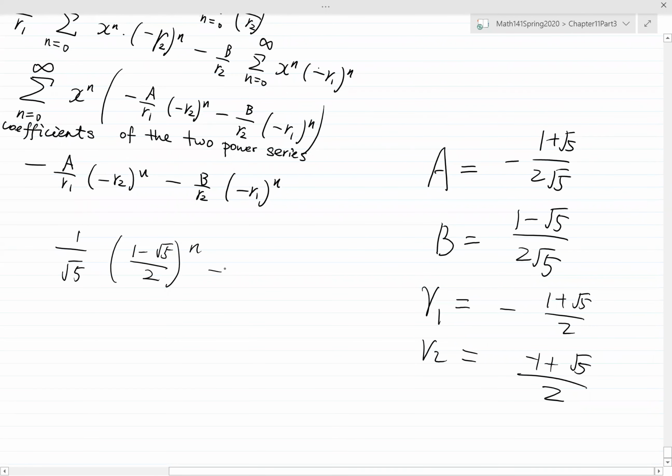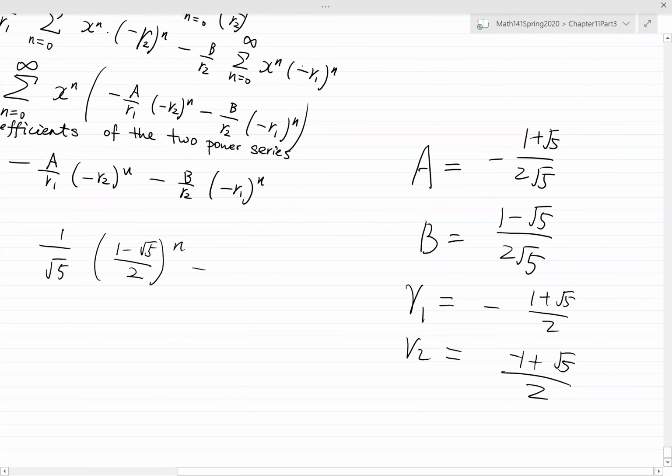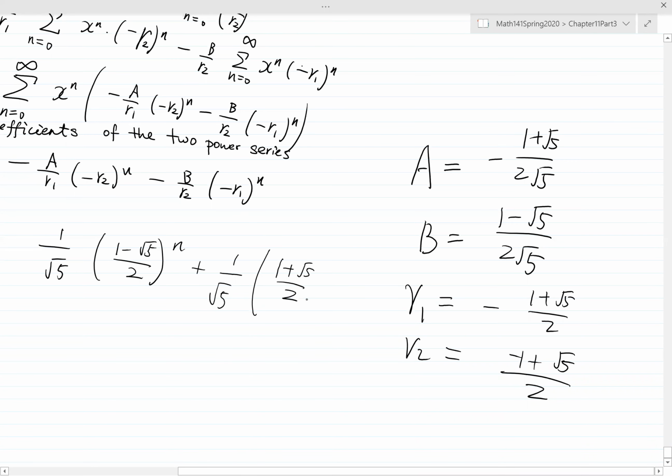Minus b over R2. So what you get is b over R2. You can cancel the numerator, so this will be b over R2, plus 1 over root 5, negative R1, so this is 1 plus root 5 over 2 to the power n.